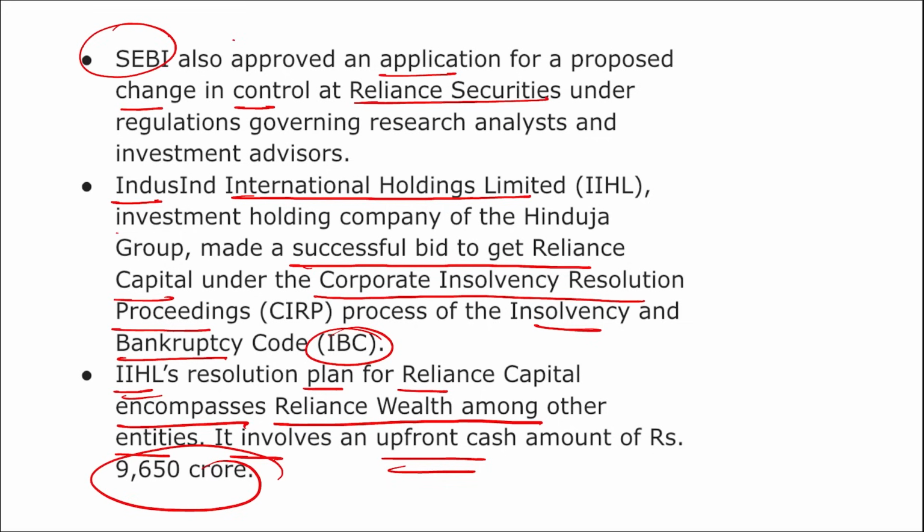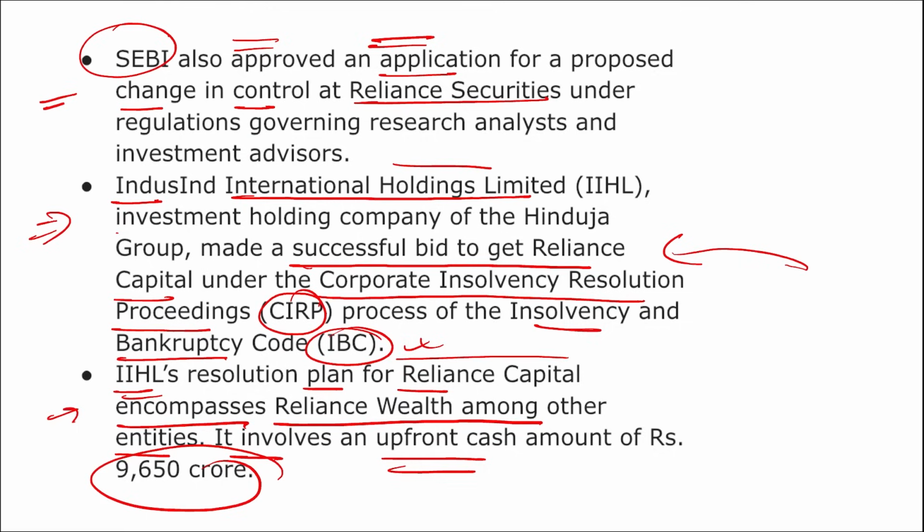So I repeat once again, SEBI first approved the application process for the proposed change in control of Reliance Securities under the regulations governing research analyst and investment advisor. Then International Holding Limited, an investment holding company of the Hinduja Group, made a successful bid to get Reliance Capital under the CIRP process of the IBC. IIHL's resolution plan for Reliance Capital encompasses Reliance Wealth among other entities, and involves an upfront cash amount of 9,650 crore rupees.